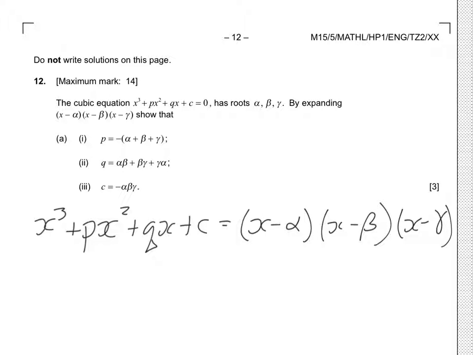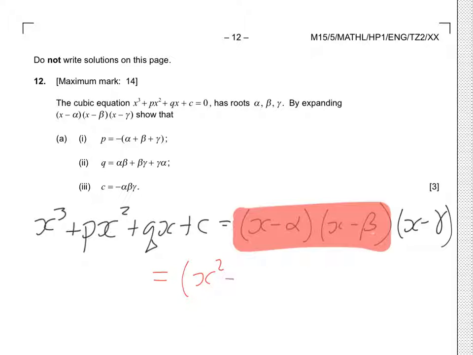Now by this stage you really should be able to expand out two brackets without error. So if you expand out those red brackets, you get x squared minus alpha x minus beta x plus alpha beta. And then we'll do the last bracket, x minus gamma.